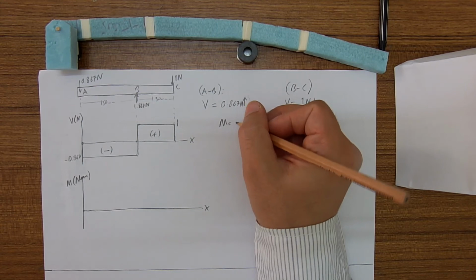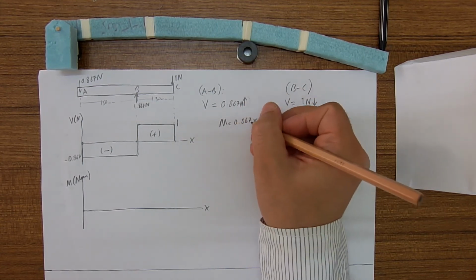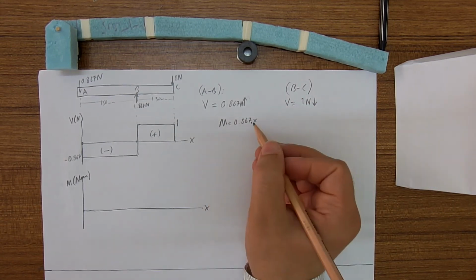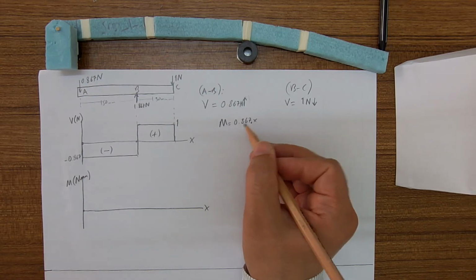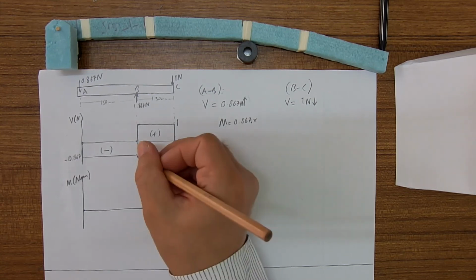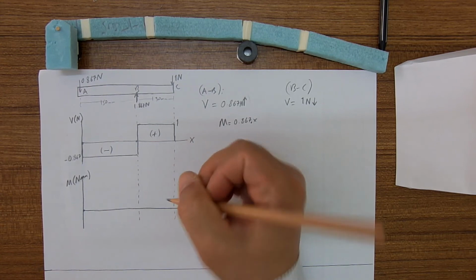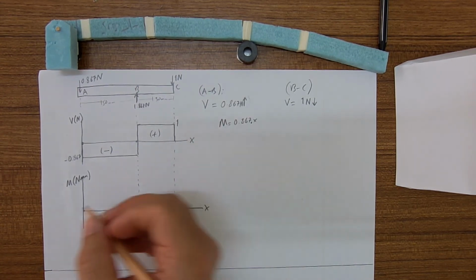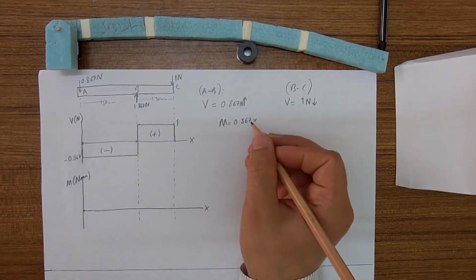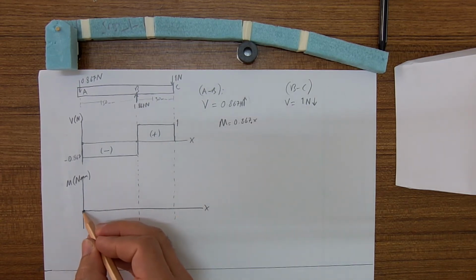It was 0.867x. So when x is 0, moment is 0. So we draw our discontinuities here. Okay. So when x is 0, moment is 0, therefore we start from the origin for the moment.